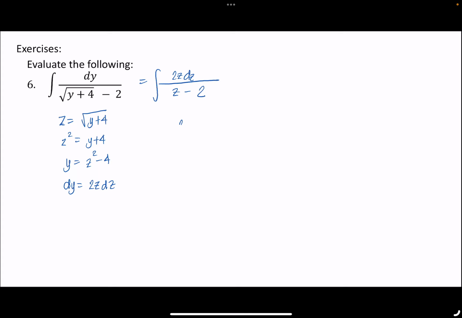So we can divide 2z by z minus 2. So we have 2z minus 4. So we have 4. So this is equal to the integral of 2 plus 4 over z minus 2 dz.